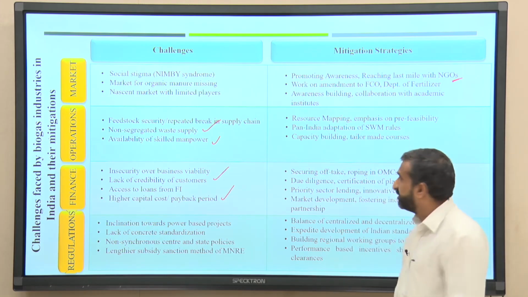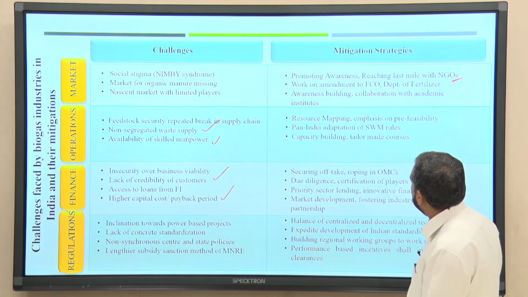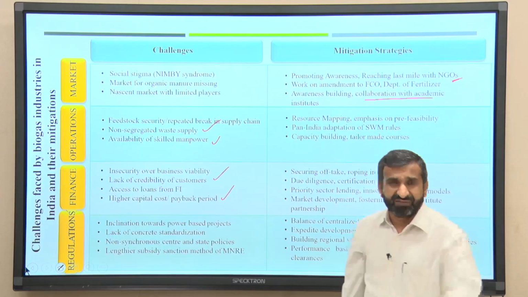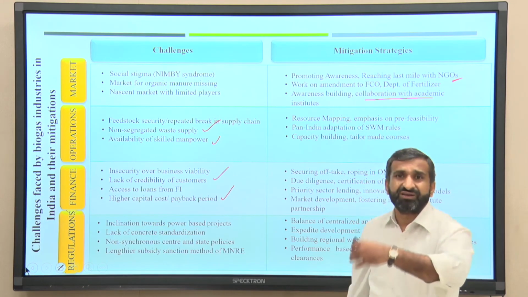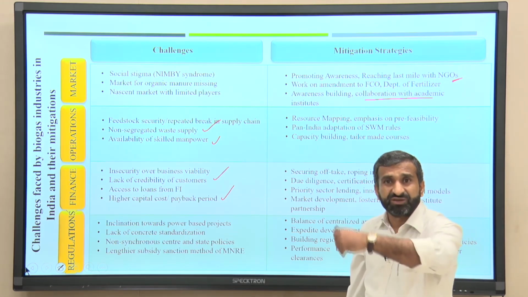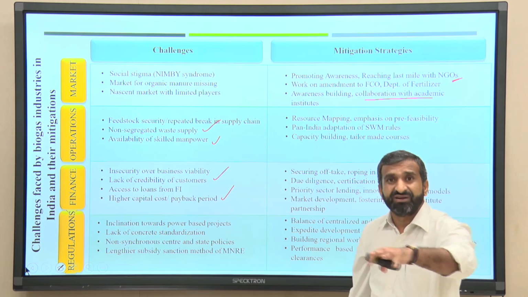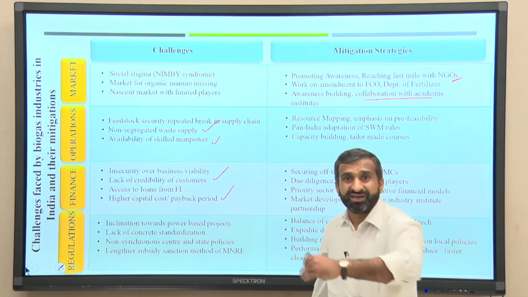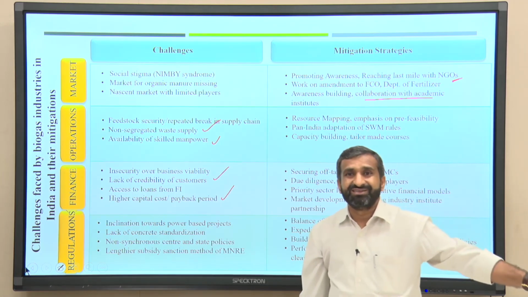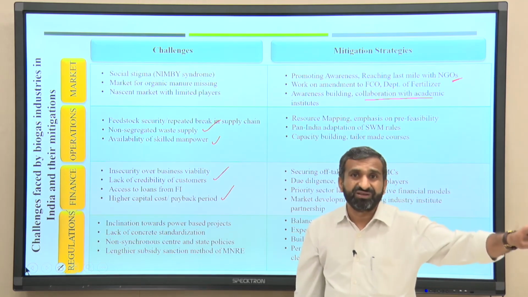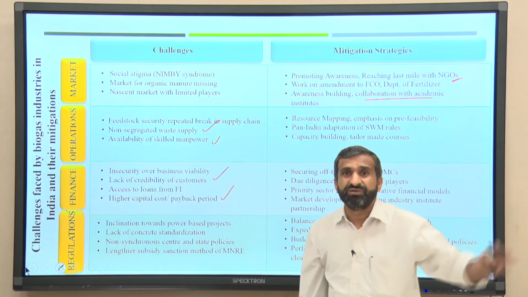These NGOs can work on the awareness process, and also on collaboration with academic institutes, because a number of academic institutes are working, like I was sharing about IIT Guwahati or IIT Delhi, working on 10 cubic meter, 20 cubic meter biogas reactors, which is very difficult in an academic research institute. If such a reactor is able to run at an academic institute, obviously the same experience can be shared in other areas, or in the field on a bigger scale.